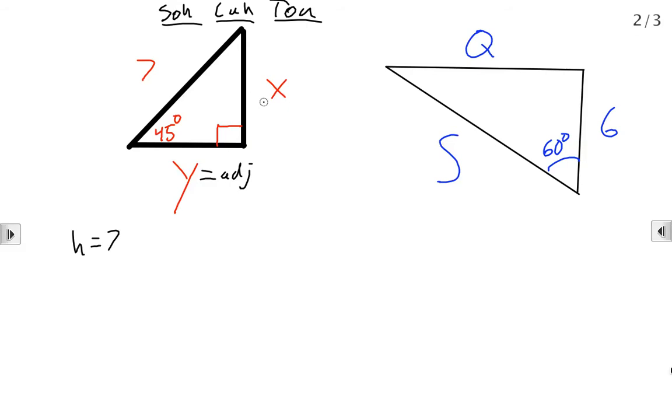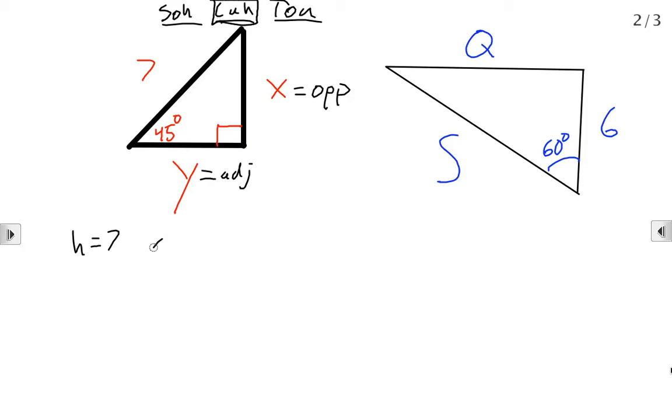X is across the triangle, on the other side of the triangle from the angle, so it's the opposite side, which we'll abbreviate OPP. If we know the hypotenuse and we want to find the adjacent, A is for adjacent, H is for hypotenuse. So for the first one, we're going to be using cosine.